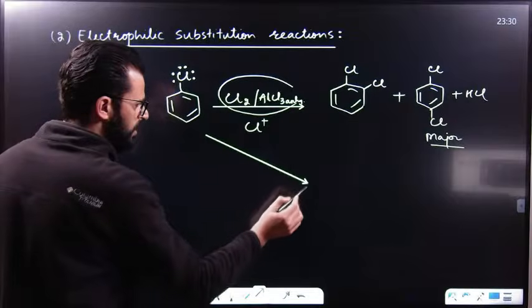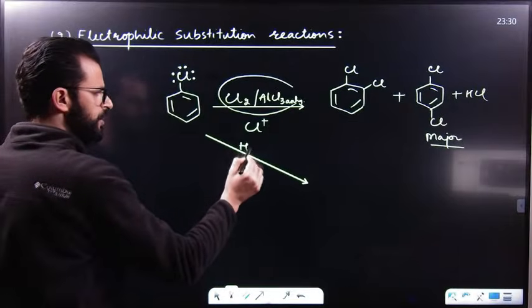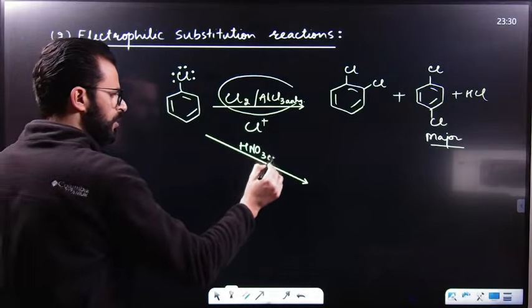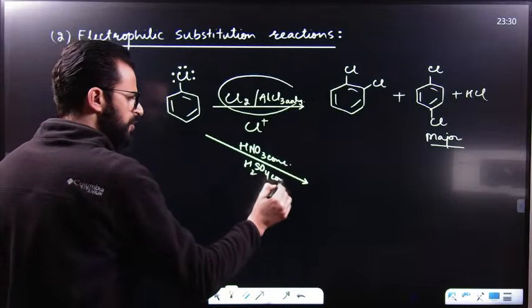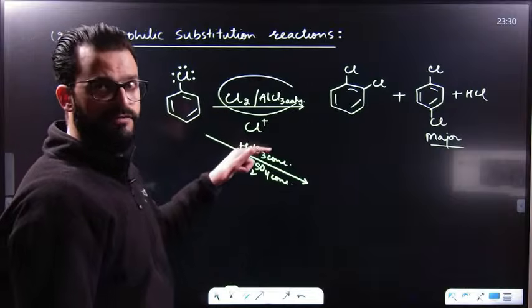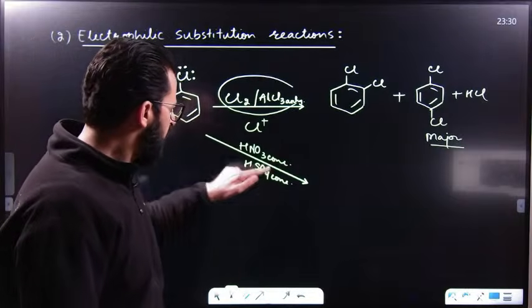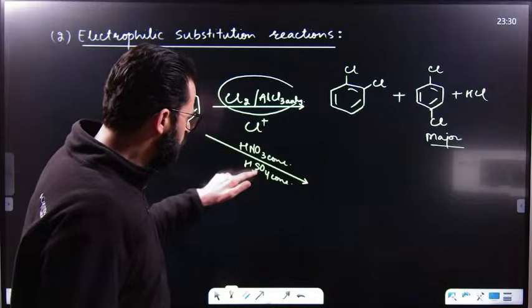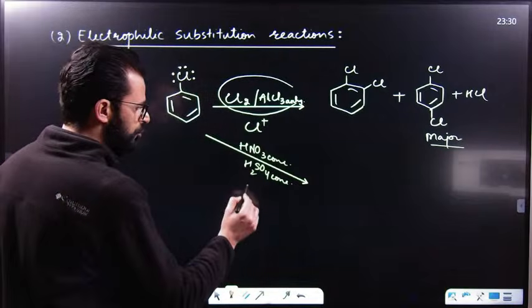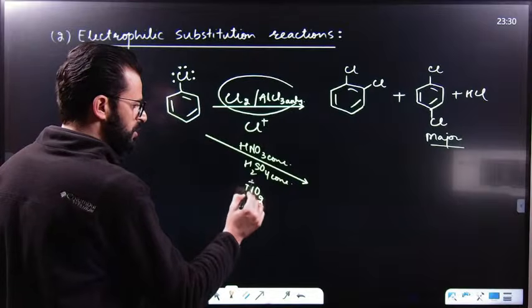After that, we will do nitration. Nitration generally takes place by using concentrated nitric acid and concentrated sulfuric acid. In this reaction, concentrated sulfuric acid will act as an acid and HNO3 will act as a base, and this H2SO4 helps in generation of the electrophile, and the electrophile of this reaction is nitronium ion.